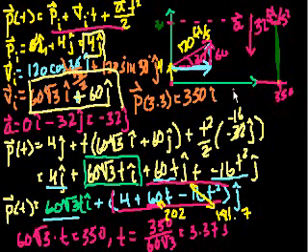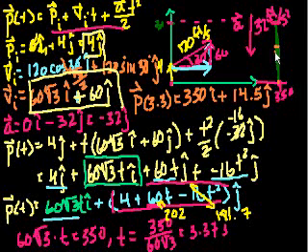And what's its y position? Plus, well, we just figured it out. We substituted 3.37 seconds into the y piece, plus 14.5 j. Right? This is its y component. So it's going to be 350 feet out, and it's going to be at 14.5 feet in the air. So the ball would have flown like this, and it's only 14.5 feet in the air, so it's not high enough to clear the wall.